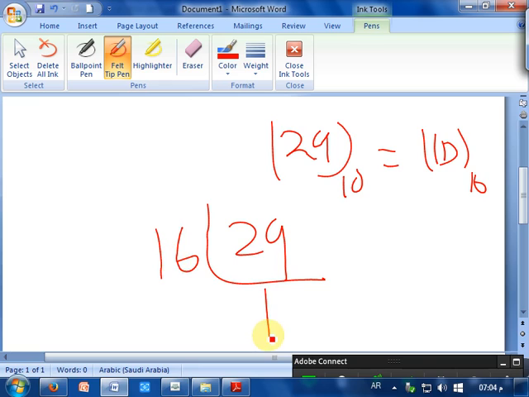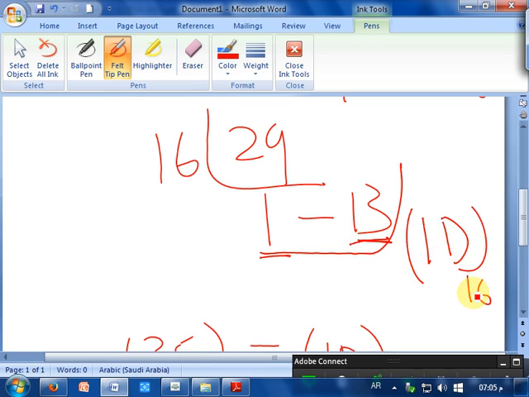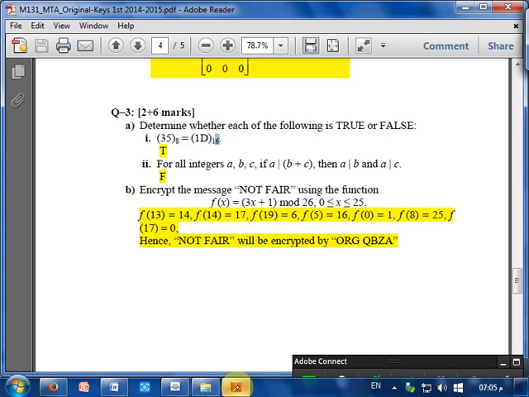It goes one time, and the remainder is 29 minus 16, which is 13. The remainder is 13. 1 you cannot divide by 16, so you take from here 1 and 13. What is 13 in hexadecimal? D. So it is 1D base 16. So 35 octal is equal to 1D hexadecimal. Hence it is true.